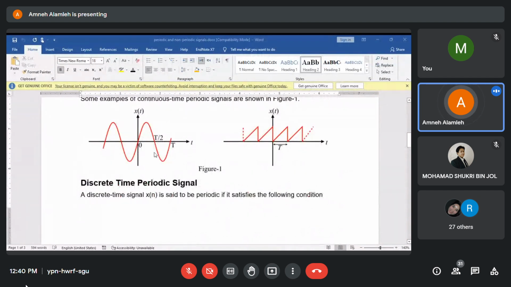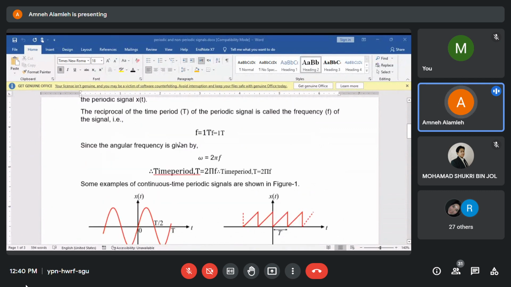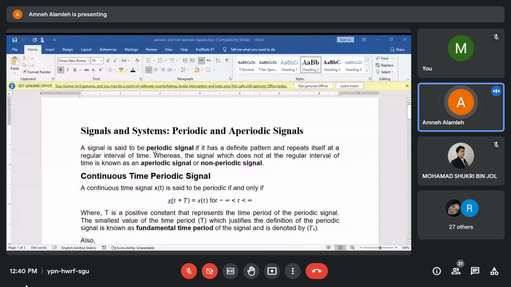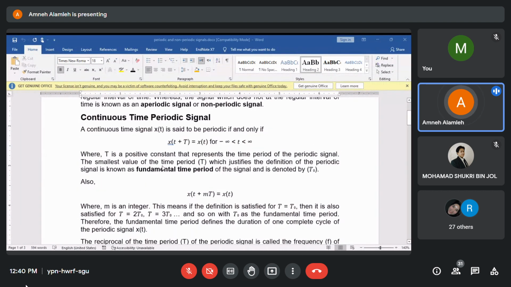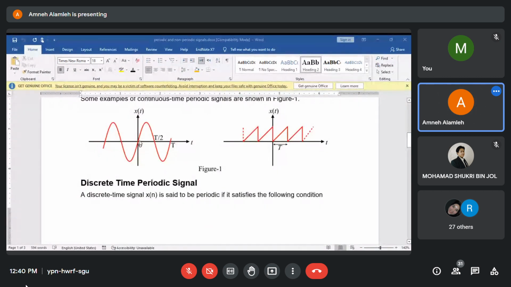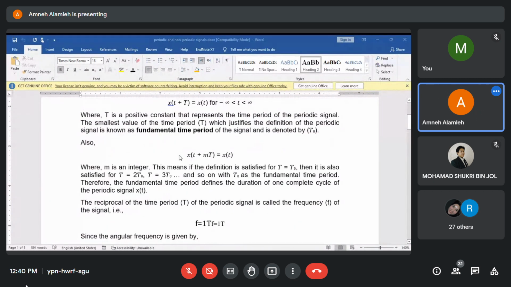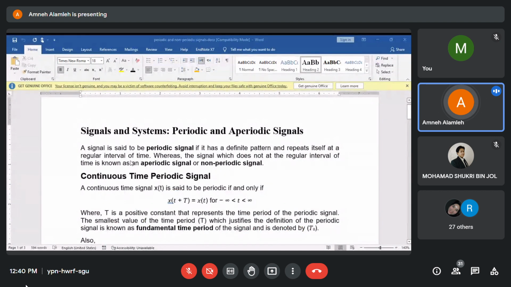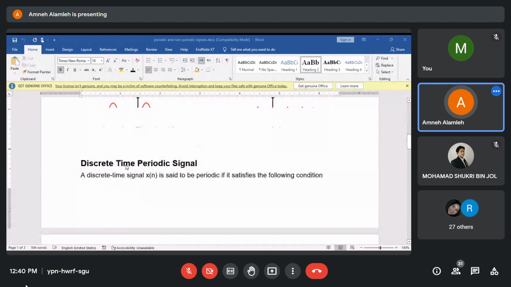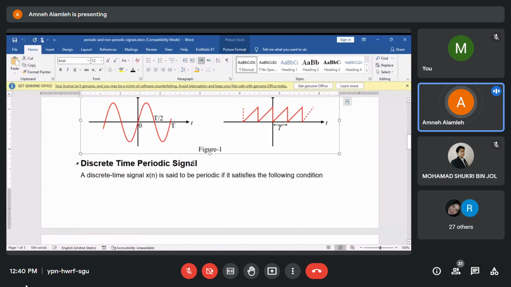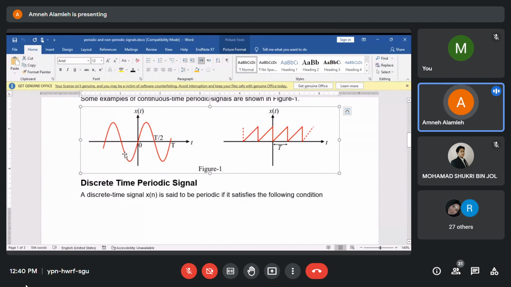A signal is said to be periodic if it has a definite pattern and repeats itself at regular intervals of time. So every 1 second, for example, it repeats itself, the same wave. So this is periodic.